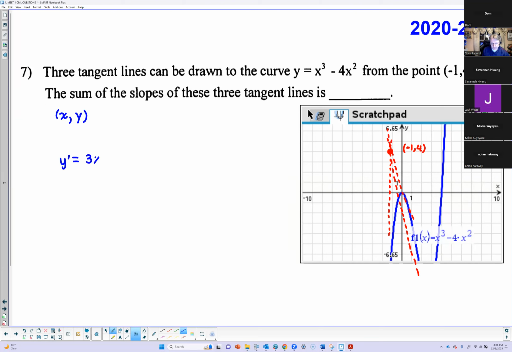And so what you can do is take the derivative of your function, which is probably the easiest part of this problem, am I right? And say, I know that this derivative means what? It's the slope of the tangent line. Well, what do you know about the tangent lines? They go through that point (-1, 4), and they go through that point (x, y).